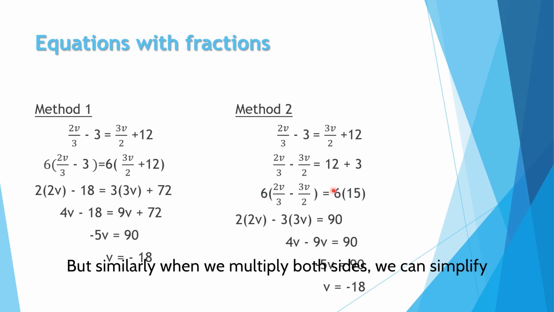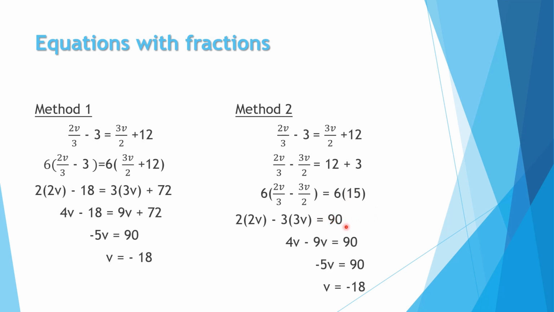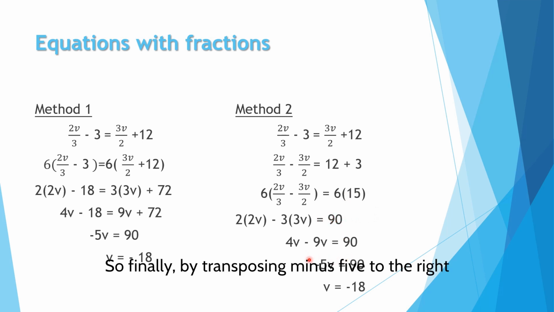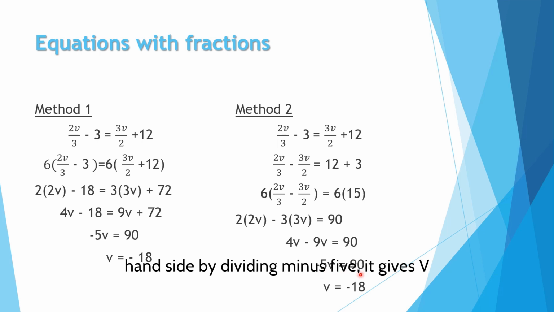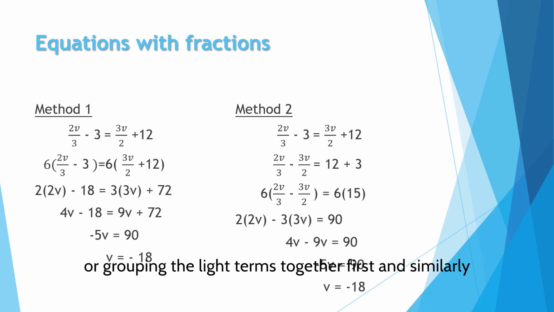But similarly, when we multiply both sides, we can simplify the like terms with v or simplify the numbers. So finally, by transposing minus 5 to the right-hand side by dividing by minus 5, it gives v equals minus 18. So basically, these two methods are quite similar. We multiply by the LCM either directly or by grouping the like terms together first.